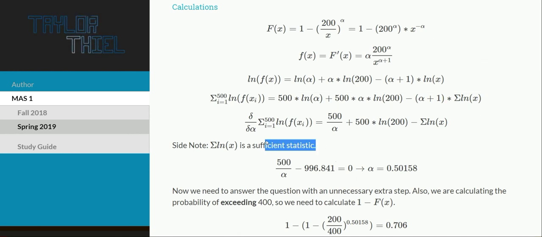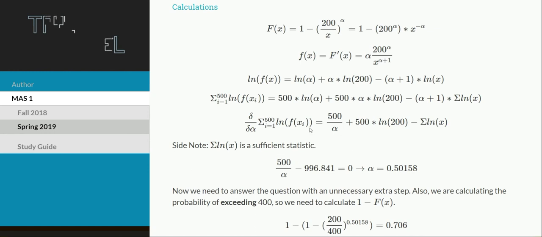At this point, side note, if you have ever heard the term sufficient statistic, this is what it's referring to. A sufficient statistic is all the data that you need to track in order to calculate the maximum likelihood. What's the minimum amount of information you need to know that is sufficient to calculate that parameter?